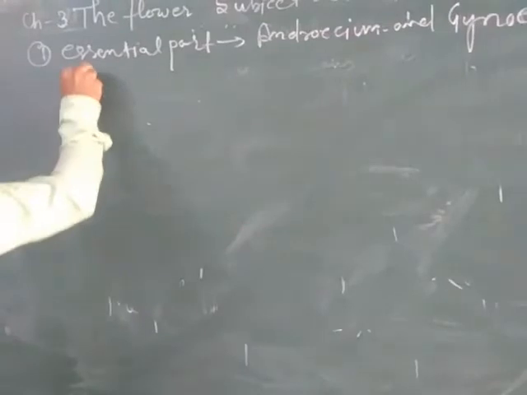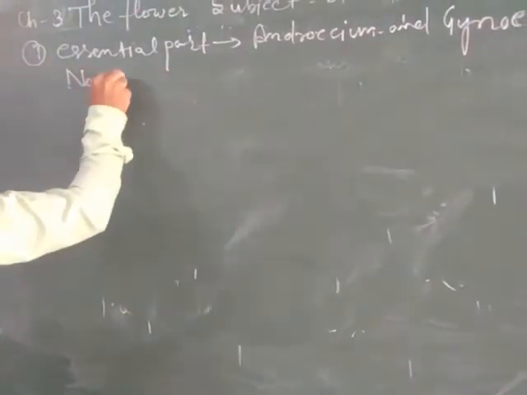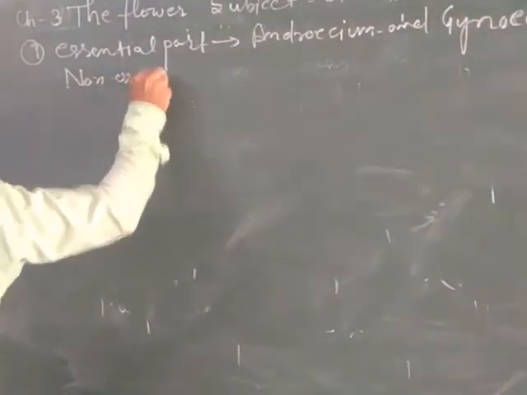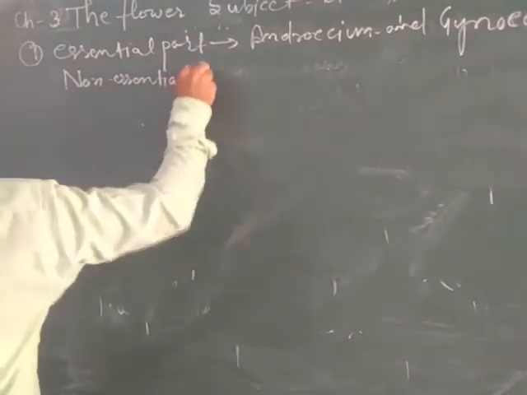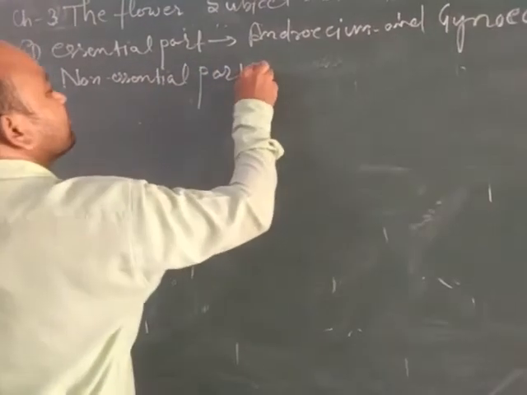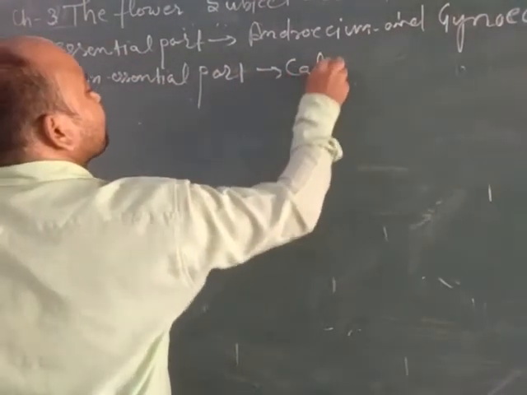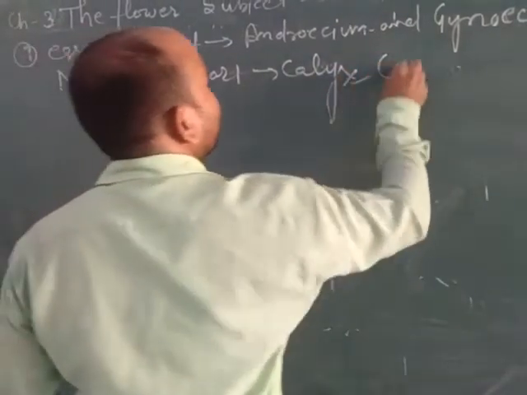But sepals, calyx and corolla are the non-essential parts of the flower.